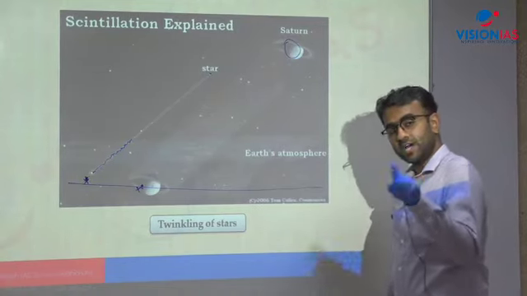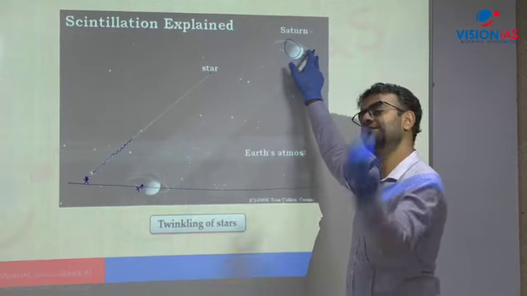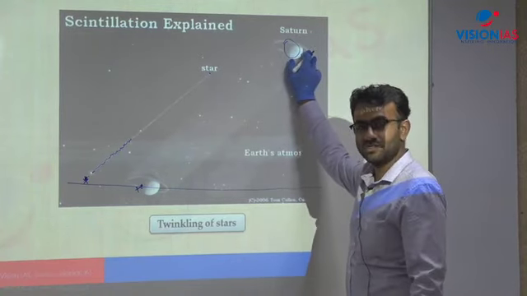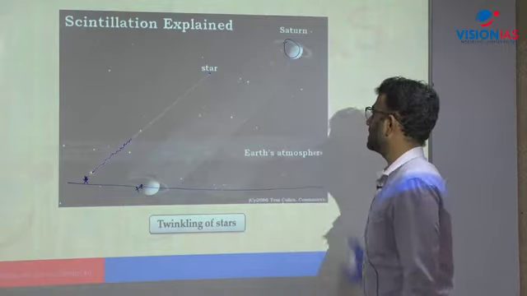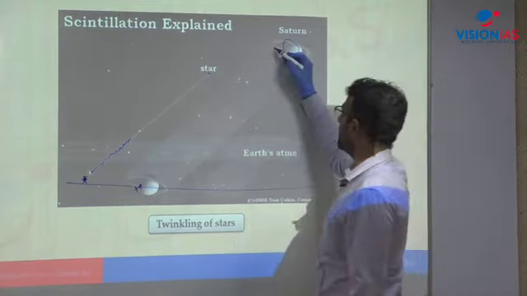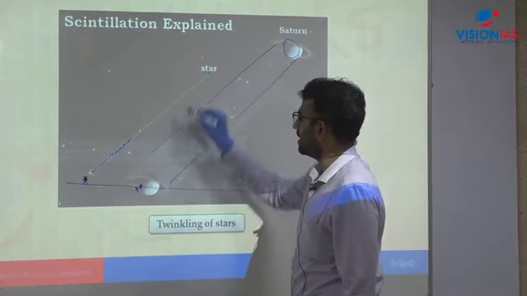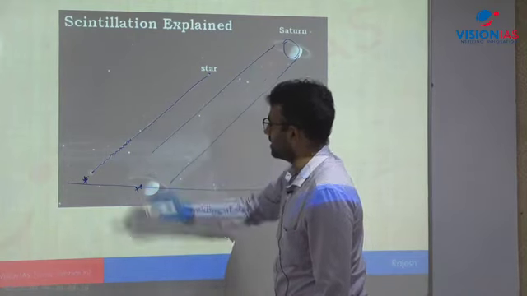The light which is coming from the planets, of course this light is not their own light, it is the light from the sun. The sunlight is coming and it is reflecting it back here. But this light which is coming from the planets is not coming in a single ray of light.